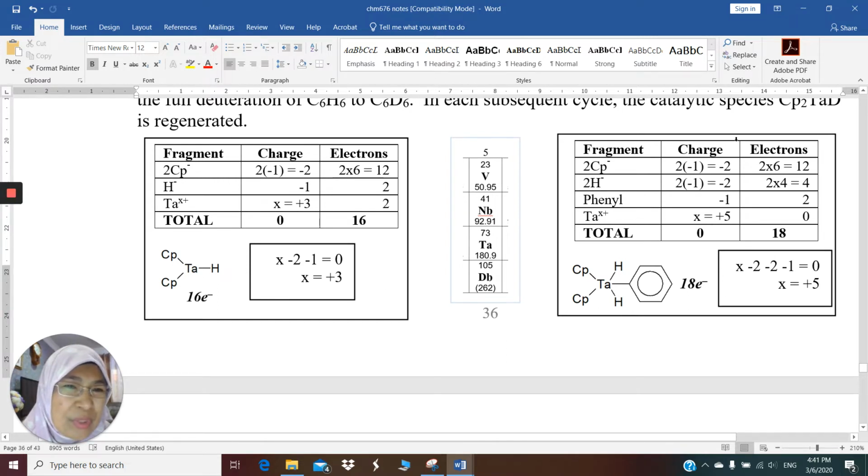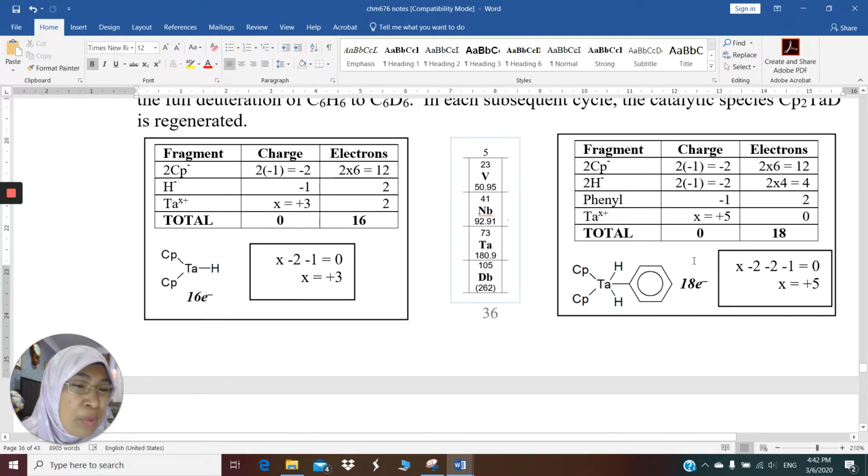Now go to the next species, where you have a benzene ring added onto the tantalum species. In the oxidative addition, you get this 18 electron species. Again, go through the same calculation: 2 cyclopentadienyls, 2 hydrides, 1 and 2, and 1 phenyl. The phenyl carries a -1 charge and 2 electrons.